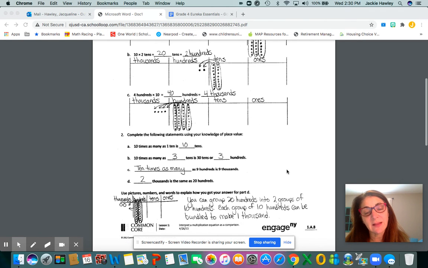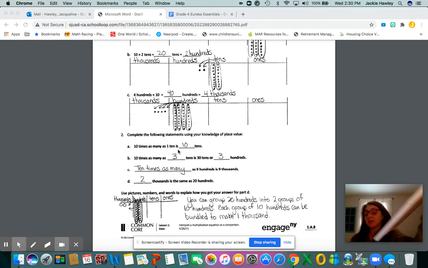So you should be practicing this. We practiced in class and practice in your workbook. There are practice things for you to do. Start with page 1, number 2, A. 10 times as many as 110. So again, 10 times as many as 110.